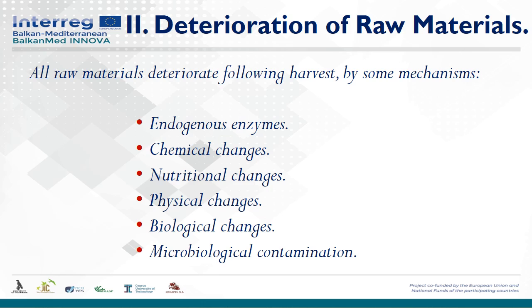Biological changes. Here we can mention germination of seeds, sprouting, etc. Microbiological contamination, both organisms and toxic products, leads to deterioration in quality, endangering food safety.